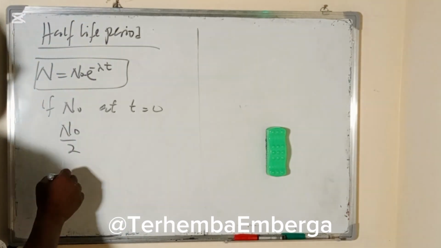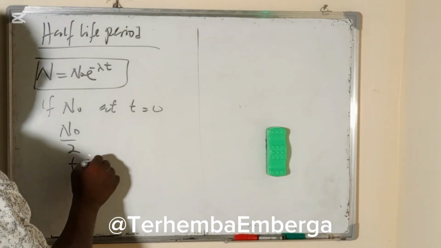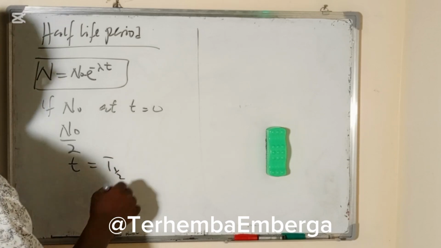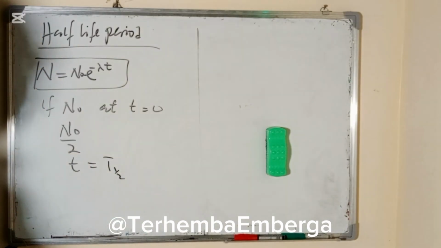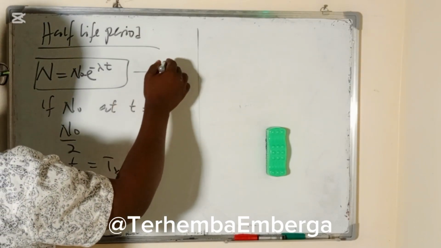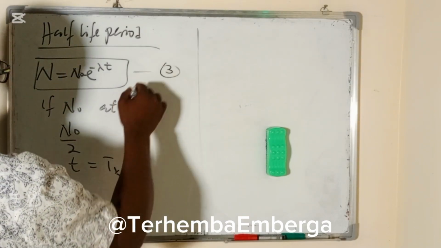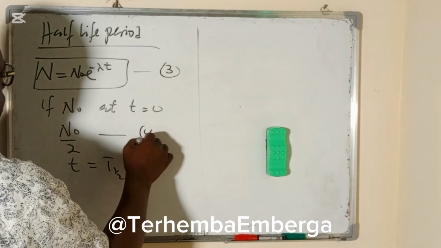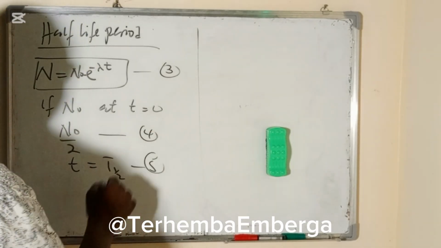And in this case, we know that t now becomes t half, which is the half-life period. So this we established in our previous class as equation 3, this equation 4 and this equation 5.